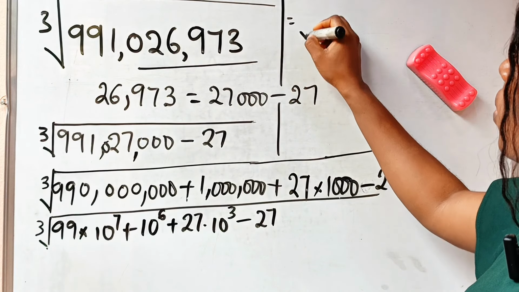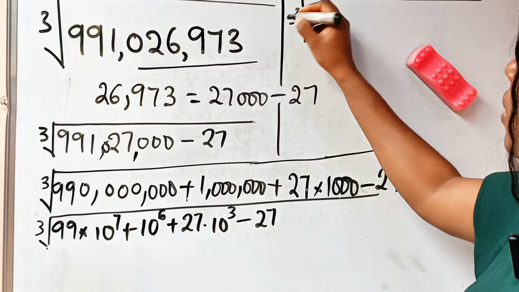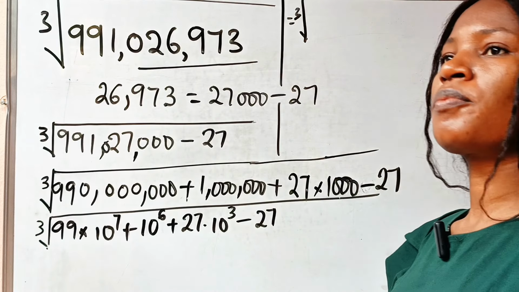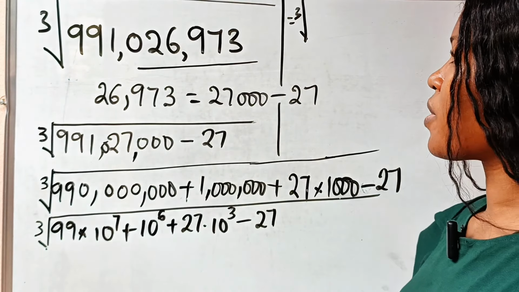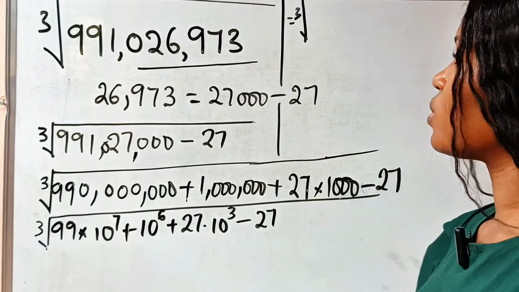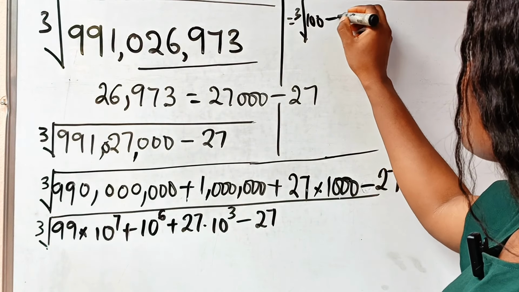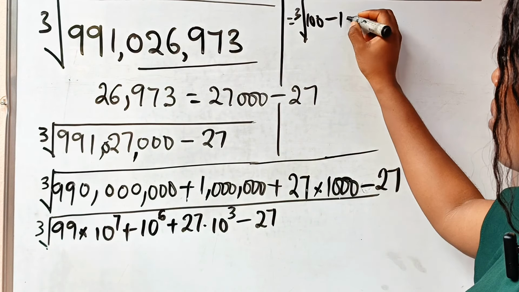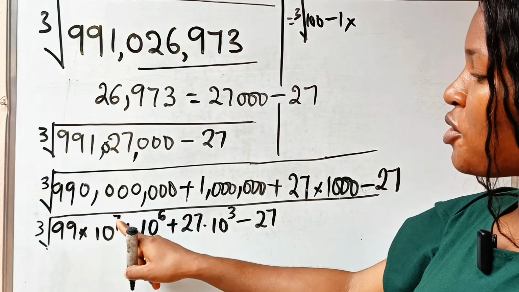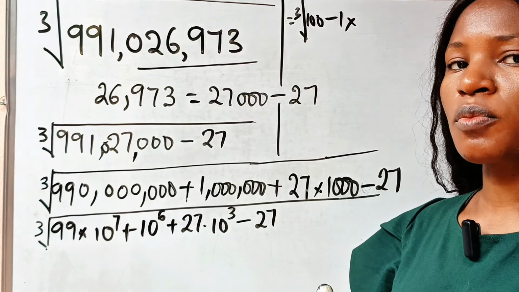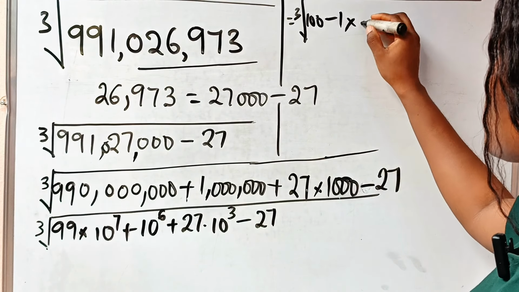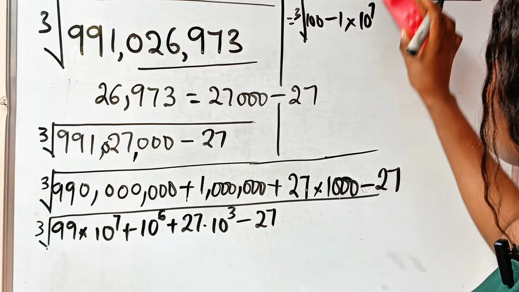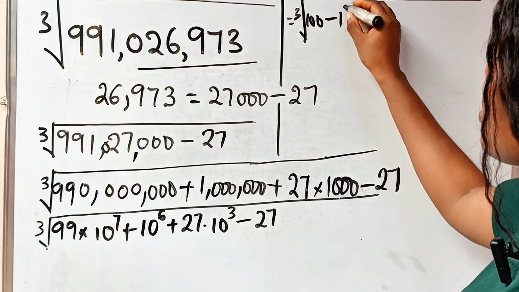So this is equal to the cube root of, now 99 can be expressed as 100 minus 1. So we have 100 minus 1 multiplied by 10 to the power of 7. Let me put this in brackets.